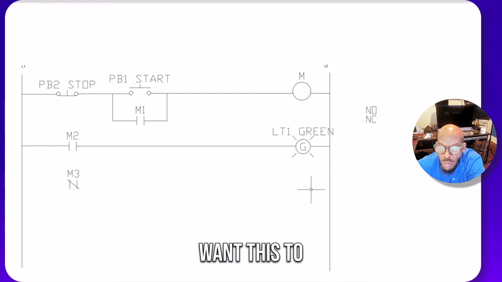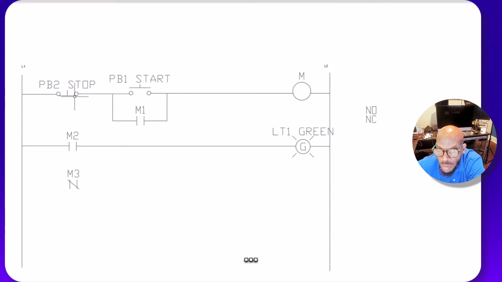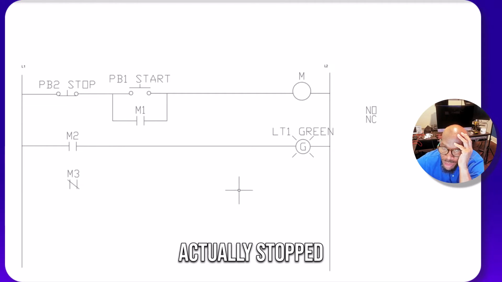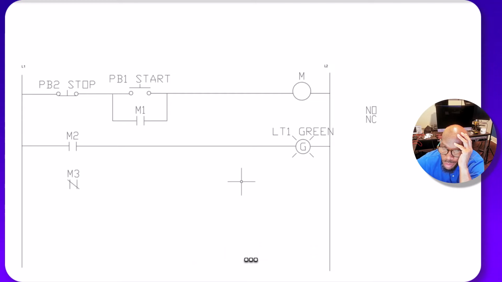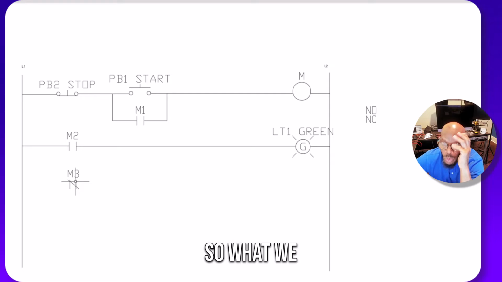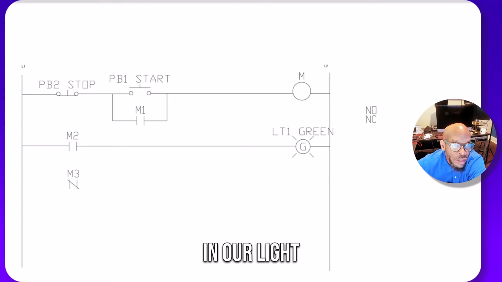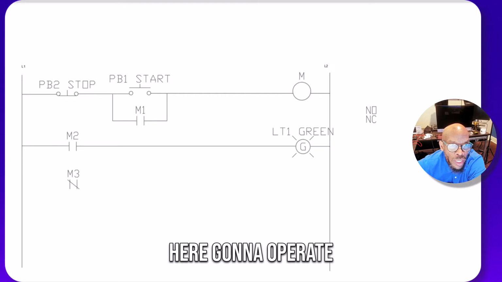Now, what do we want to happen? If somebody pushes the stop, we want that light to come on. So when the motor is actually stopped, this will be true. So let's put in our light, and I'm going to show you how this circuit is going to operate.